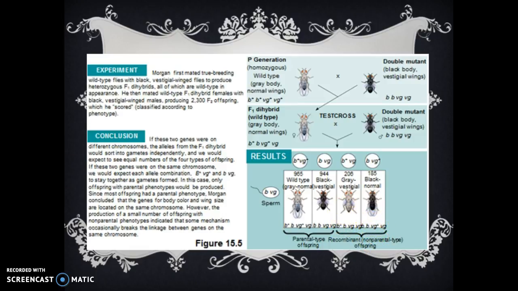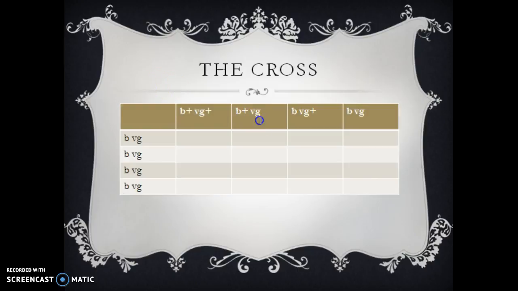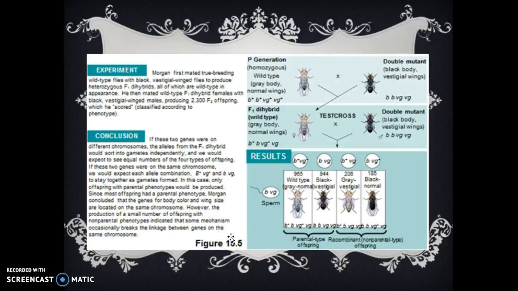So he did get a few of these flies' gametes produced, and he did get a few of these flies' gametes produced, which is kind of odd. He wasn't expecting that. So with the actual data, 965, 944, 206, 185, what does that data suggest?